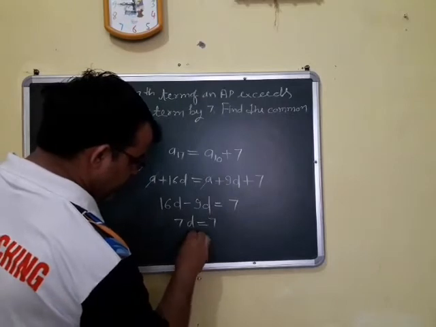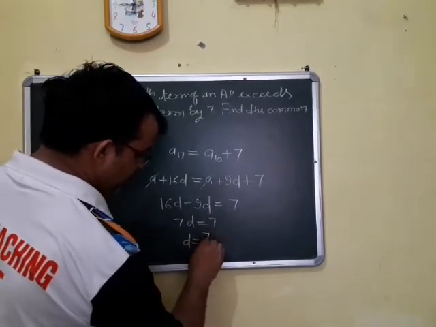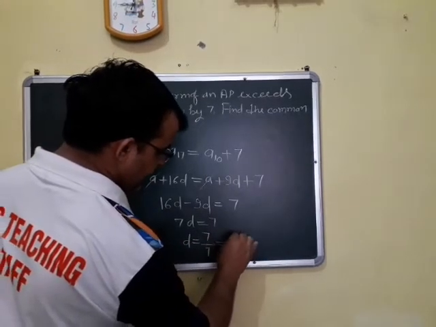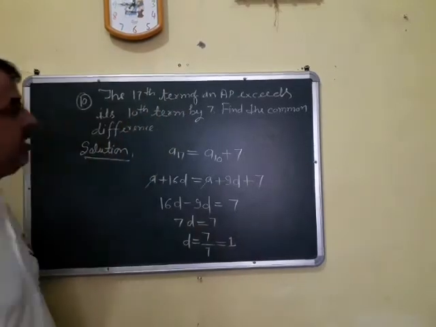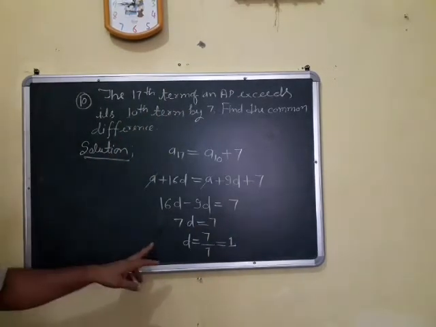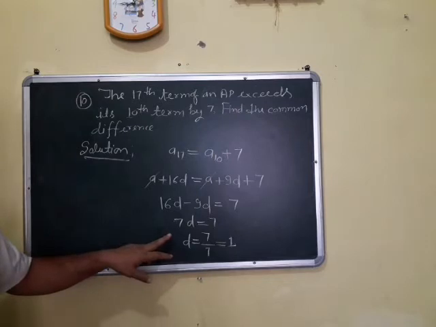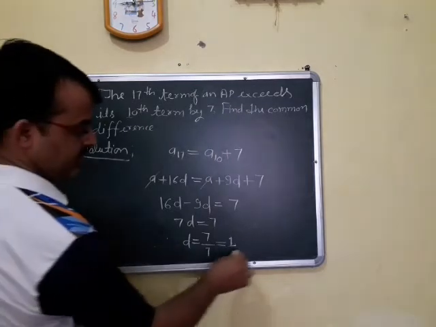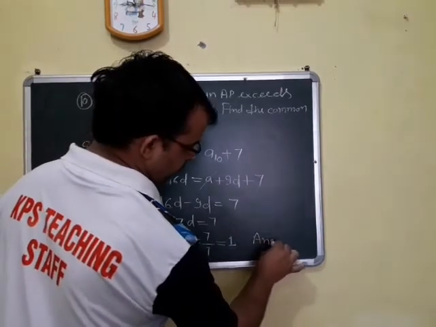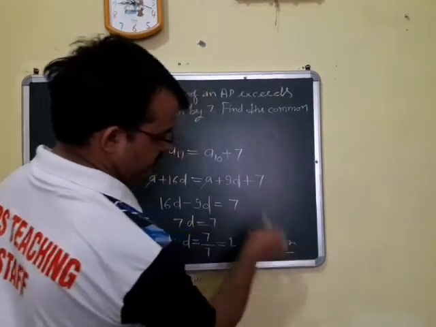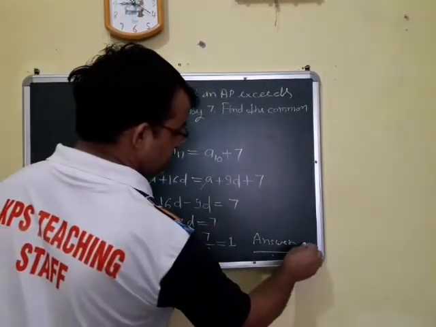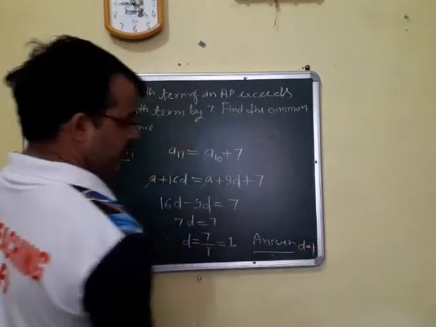So we get D is equal to 7 by 7. We get 1. Here, what we get is the common difference 1. So easy. Your answer: the common difference is D is equal to 1.